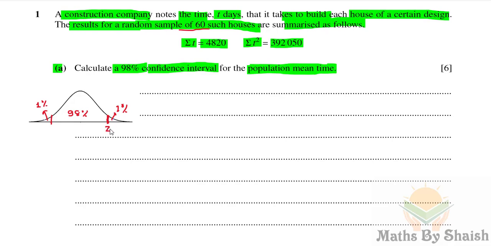In the standard normal distribution the mean is 0, so going from 0 to z for 98%, the cumulative area up to z is going to be 98 plus 1, 99%. So this is a total of 99%.